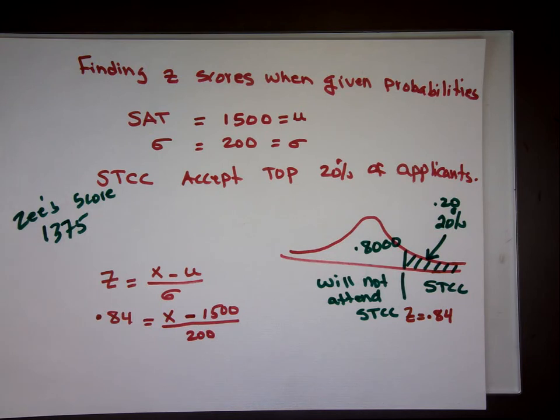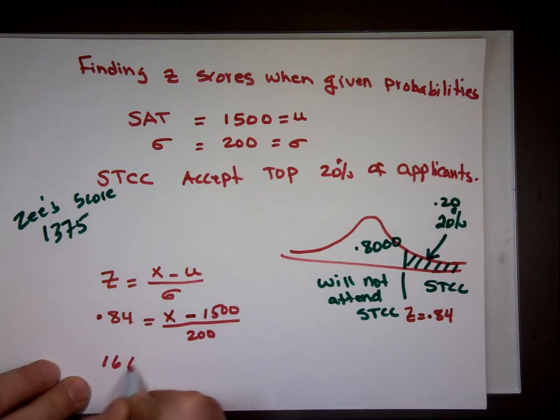Because I got to take the 200 times 0.84, and that's 168 equals x minus 1500. X will have to be what? 1680?